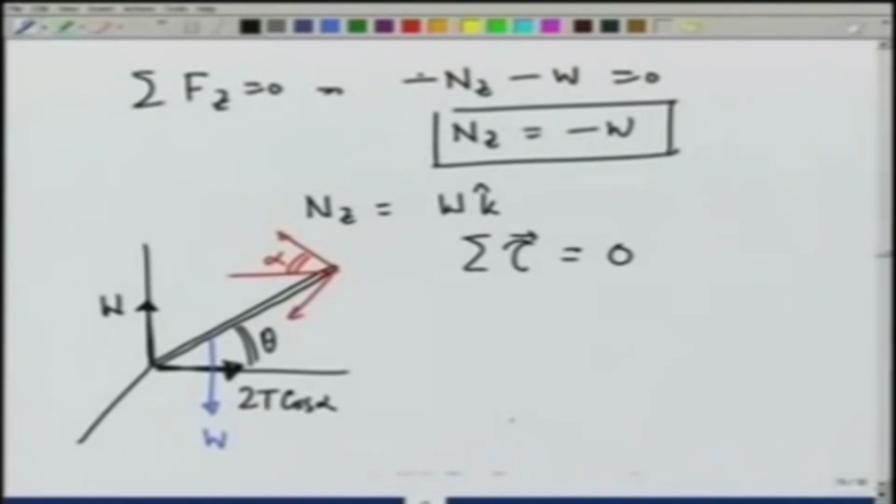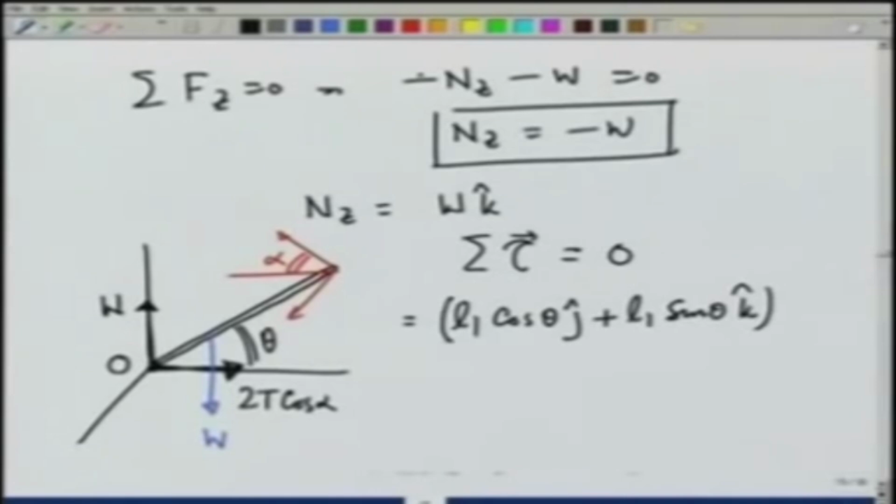To calculate tau, let us take the origin to be at the origin of the xyz system O. Where L1 is this distance, the distance where W is acting is L1 cosine theta j plus L1 sine theta k, cross product of minus W k.